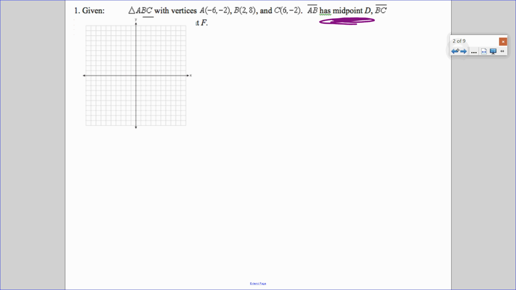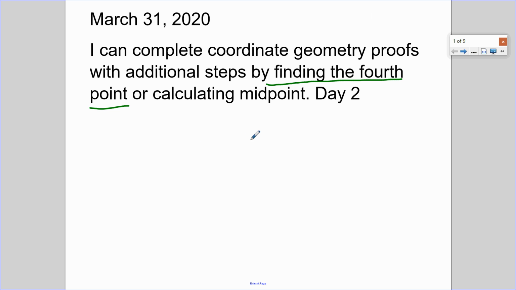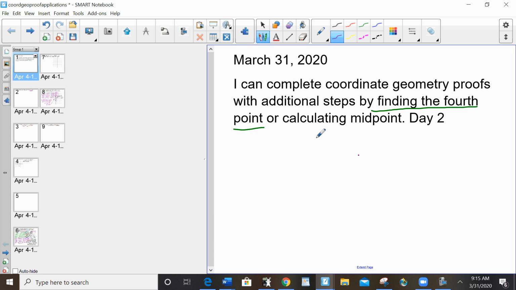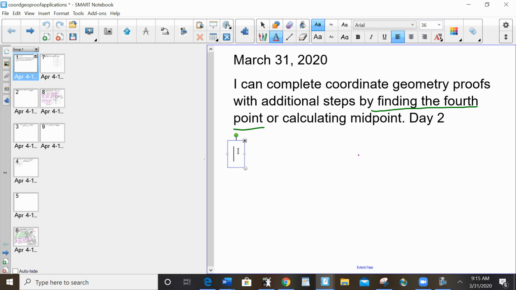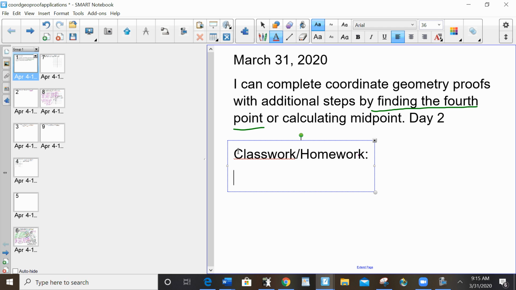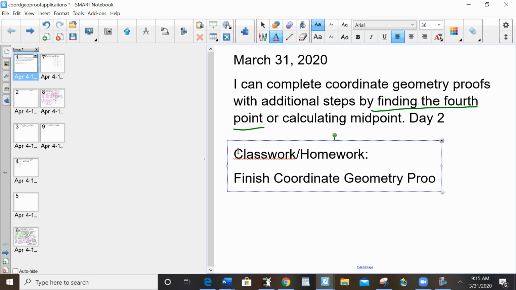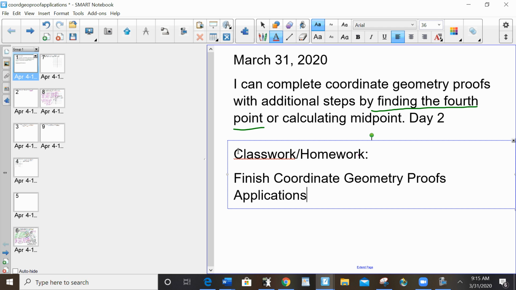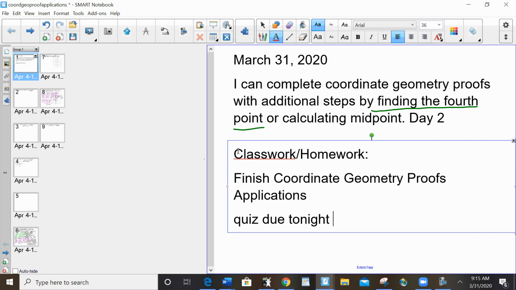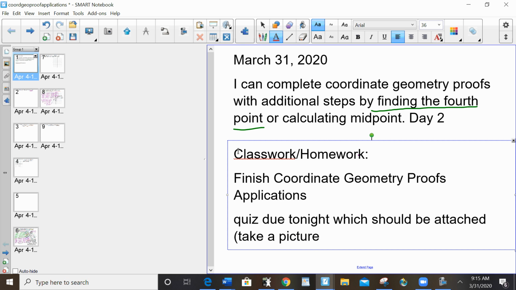So your classwork slash homework is to finish coordinate geometry proofs applications, and you're going to have a quiz due tonight, which should be attached, which means you're going to take a picture and submit it.